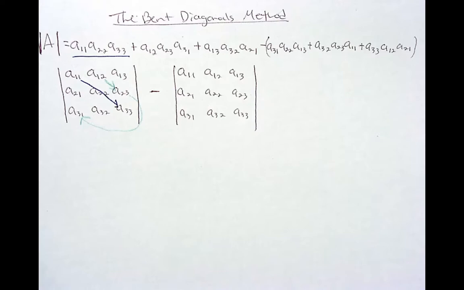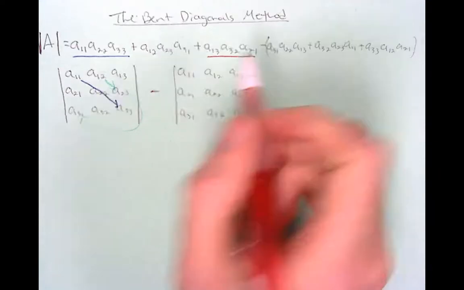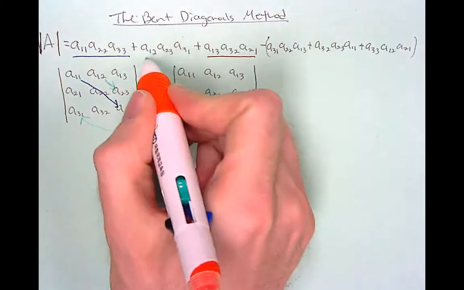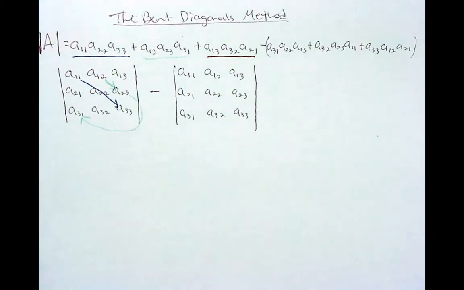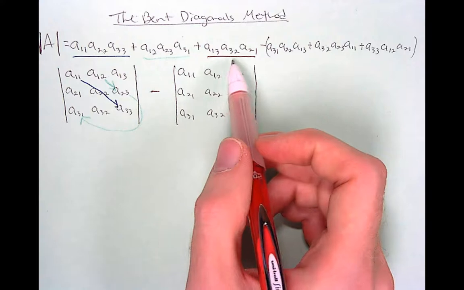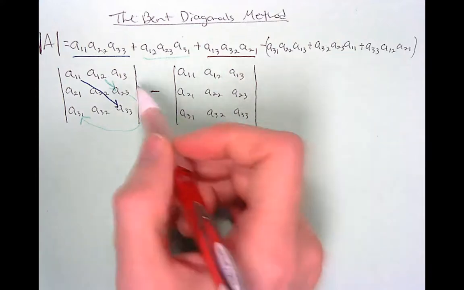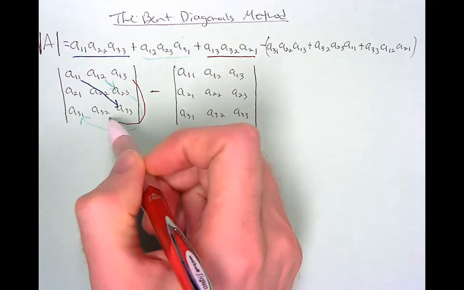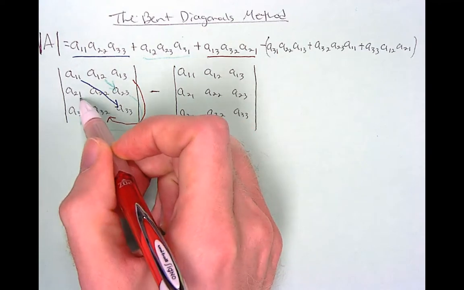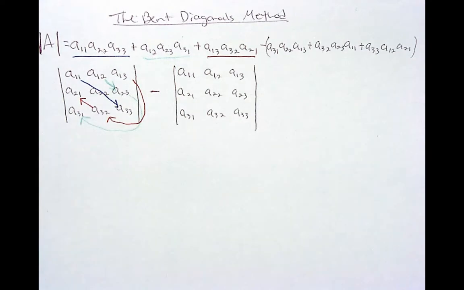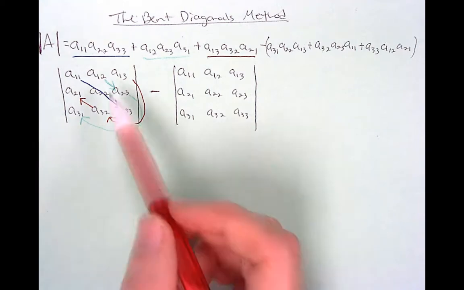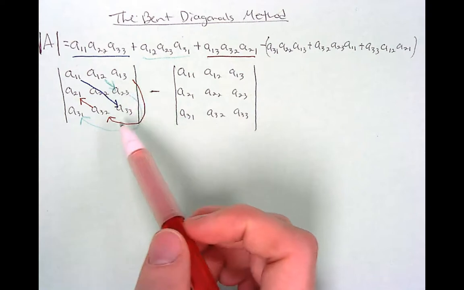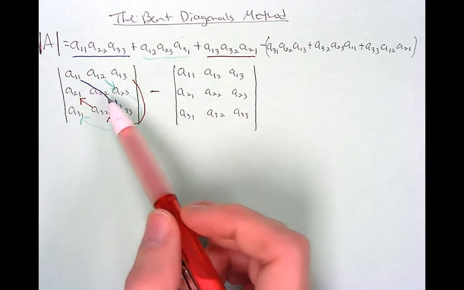And lastly, we have this one there. So A1,3, A3,2, A2,1. So it's going to bend to here and that way. So once again, we're taking the sum of the products of the two positive bent diagonals, these two, and one positive diagonal.